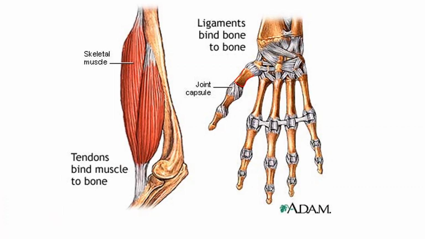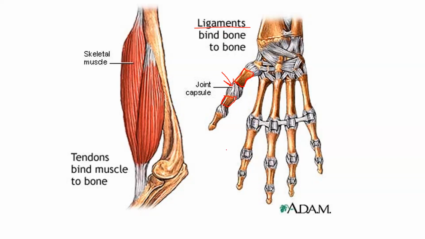In your phalanges, right? In your fingers. And this right here is also another bone. And the thing that binds the bone to the bone is what? A ligament. So all that white looking stuff, that's the ligaments. They attach bone to bone.